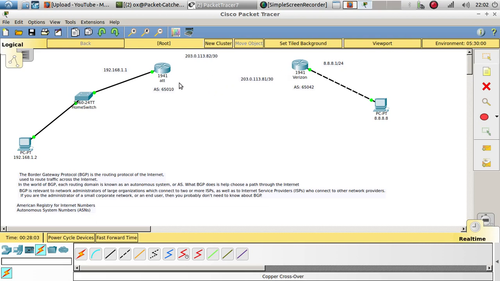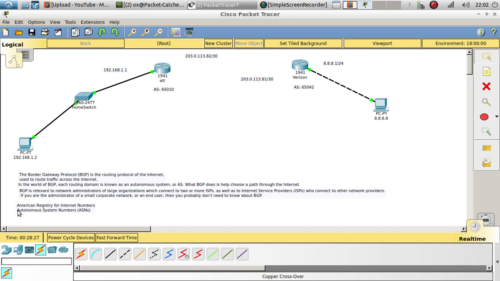It's not like those internal networks where they learn from other routers or become neighbors with other routers. Here they only become neighbors with each other, and they're only going to be able to communicate because they're configured to use this autonomous system.